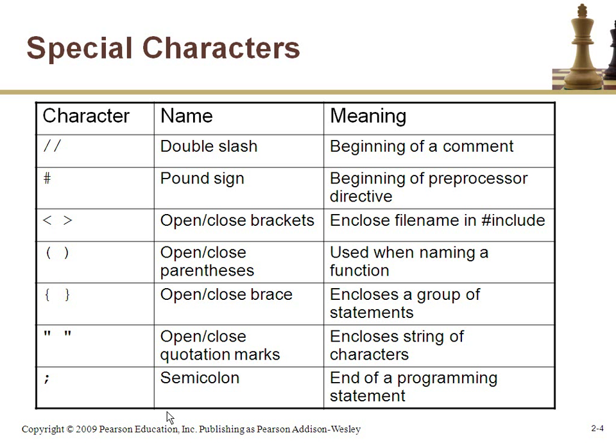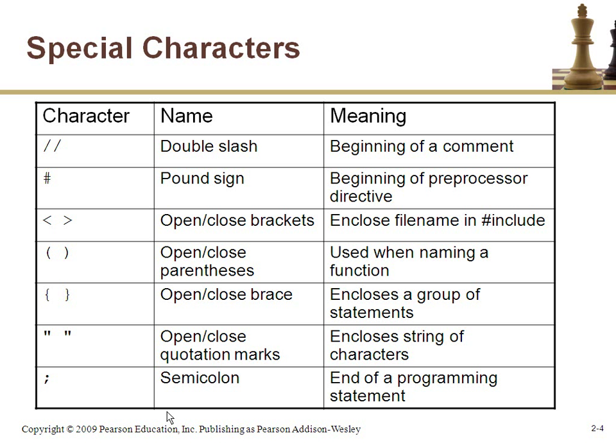The next one is open and close angle brackets. If you want to put a file name, you put it in these brackets. The next one is the open and close parentheses. We get to see this one especially when we write functions. When you pass parameters to a function, you pass them inside these parentheses. Since main is a function and we are not passing anything, we leave the parentheses blank.